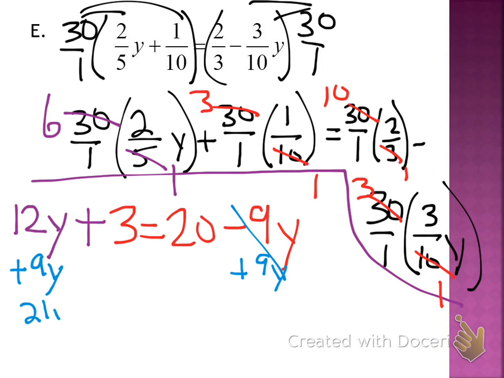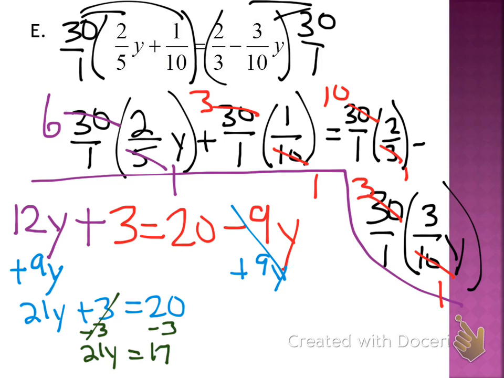So this would be 21y plus 3 equals 20. Take away 3, good. So 21y equals 17. And then what's the final answer going to be? 17 over 21, good.